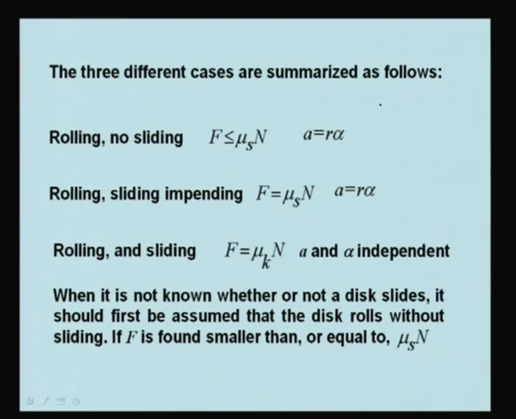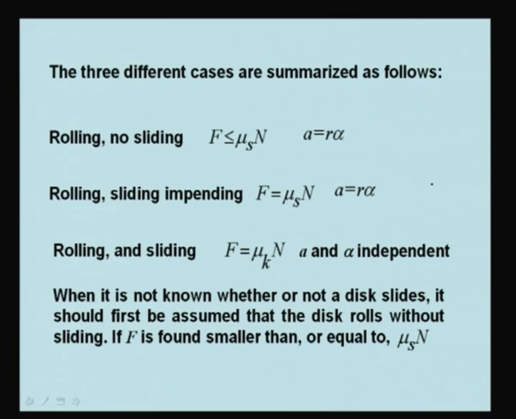Then you can have the third condition in which rolling and sliding both go on simultaneously. In that case, what will be the equations? One is that F is equal to mu k times N, the normal force and tangential force being related by the coefficient of kinetic friction mu k, and A and alpha are independent in this case. We will not have any relation between A and alpha.